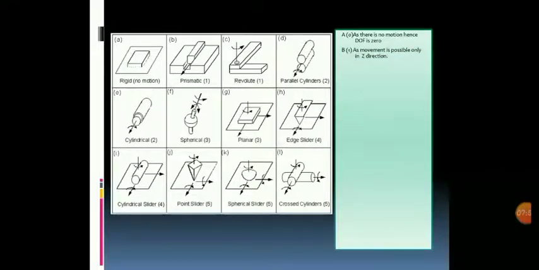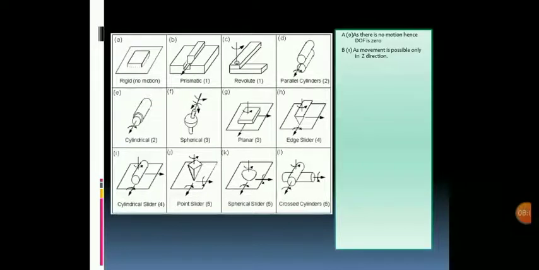Now if you go to the second object, which is a prismatic bar, that prismatic bar has motion along only one direction, say along the z axis, so the degrees of freedom for that prismatic bar will be equal to 1.